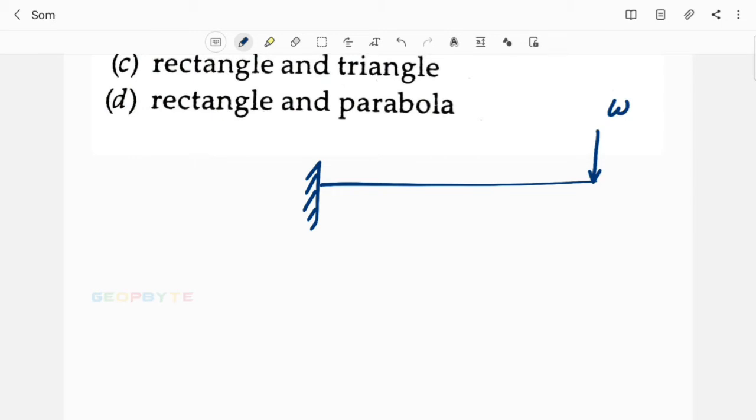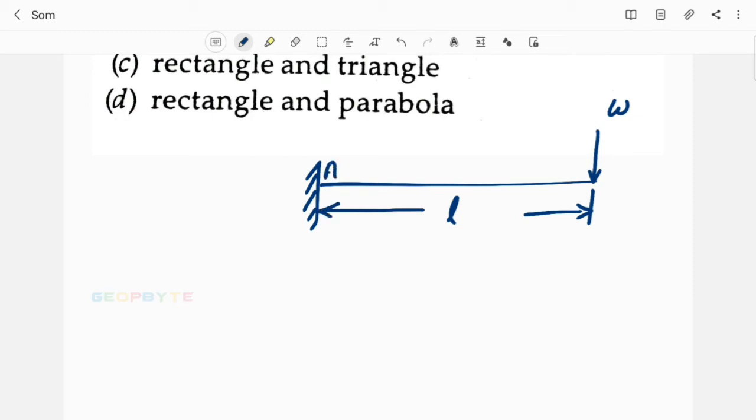For that beam with a point load, what will be the geometric shape of the shear force diagram and bending moment diagram? For that, let us assume L is the length of the beam.